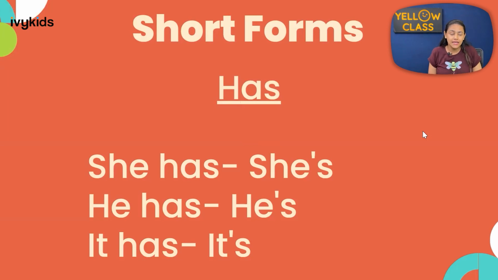For example, let's say I'm saying she apostrophe S, she is my best friend. She has my best friend, like it will be wrong, right? It will be wrong. So the correct answer is she is my best friend.